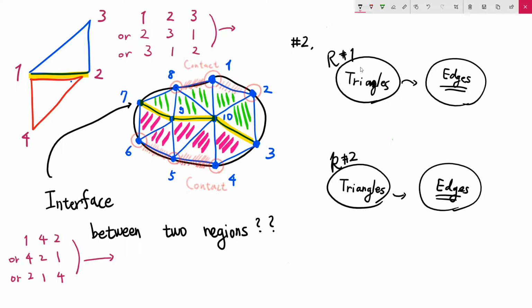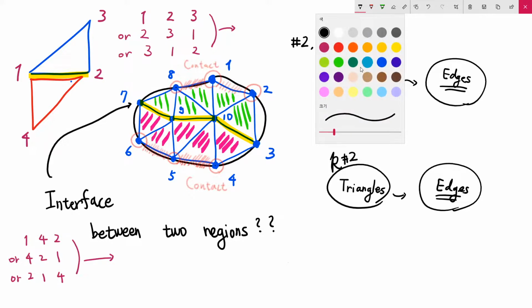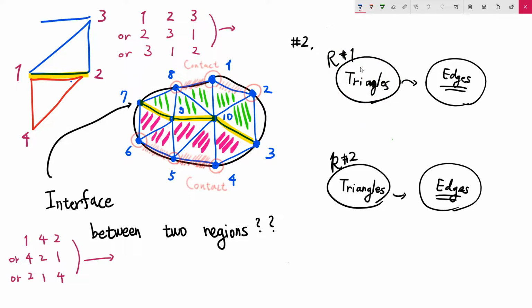For example, if you have another triangle, this third triangle will also contribute an edge, like connecting 1 and 3. Anyway, you can have a list of edges and they can have duplicated information.